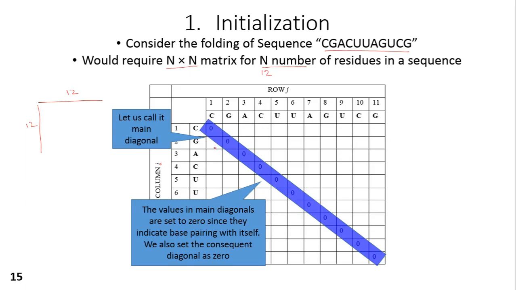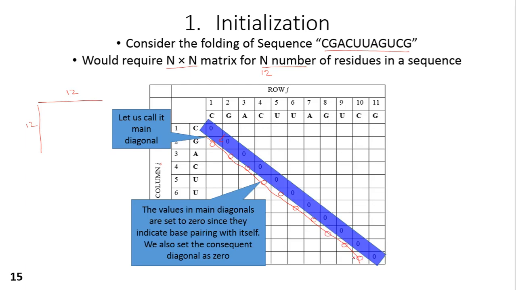Okay, and what we do is that for its consequent diagonal, I'm talking about this diagonal which is present just below the main diagonal, we also set the values to 0, like this.